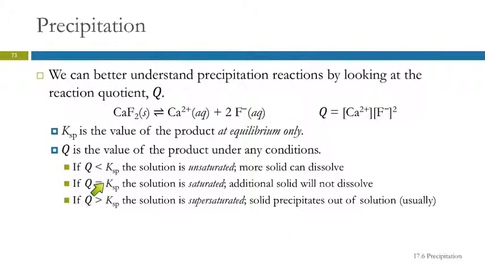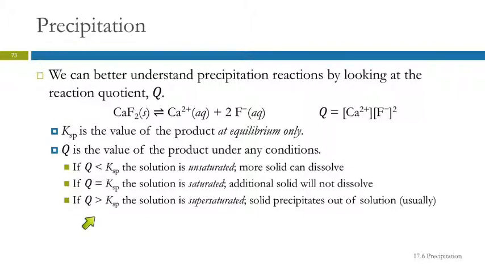If Q is equal to KSP, the solution is saturated, it's at equilibrium. If you add additional solid, it will not dissolve. A solution in which you have solid in equilibrium with the solution above is not a supersaturated solution. Okay, that's a saturated solution.